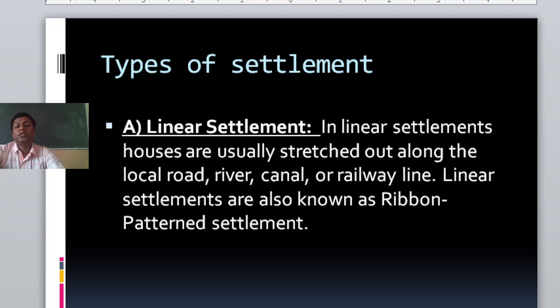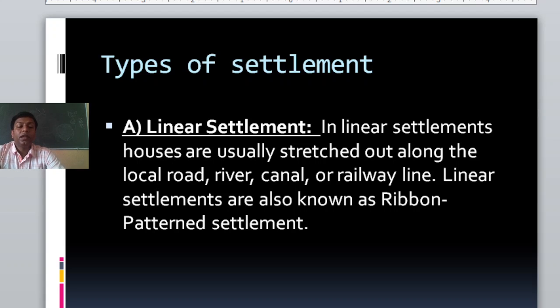Dear students, first of all, we are going to discuss the linear pattern. In a linear settlement, houses are usually stretched out along local roads, rivers, canals, or railway lines. As you know, linear line, linear equation, this is one straight line.